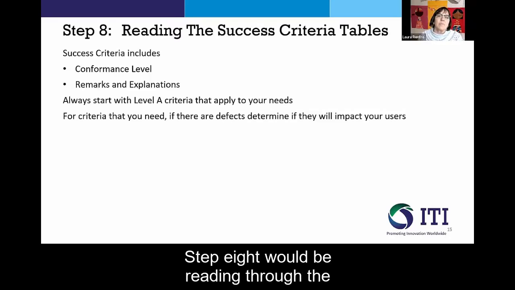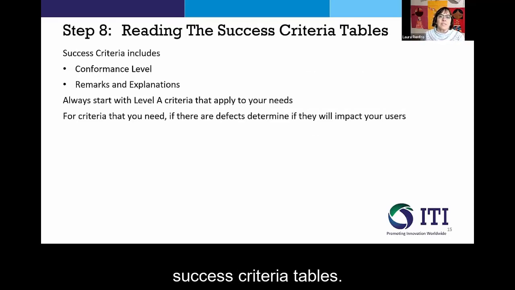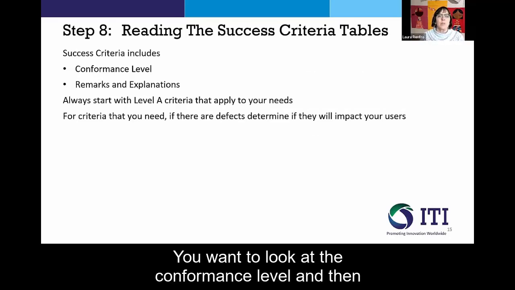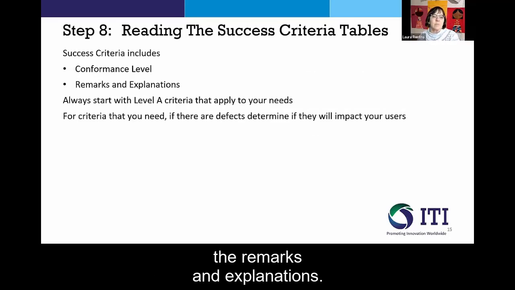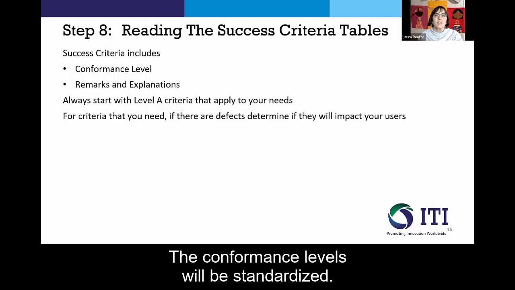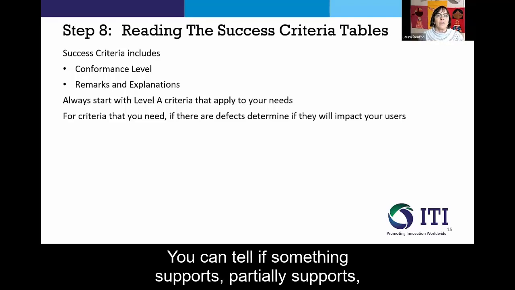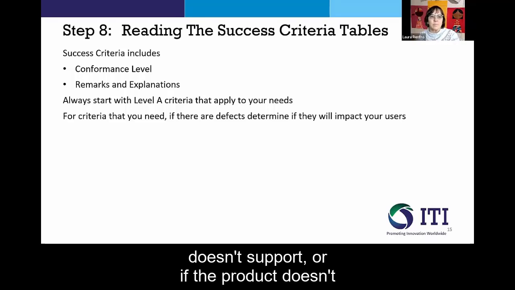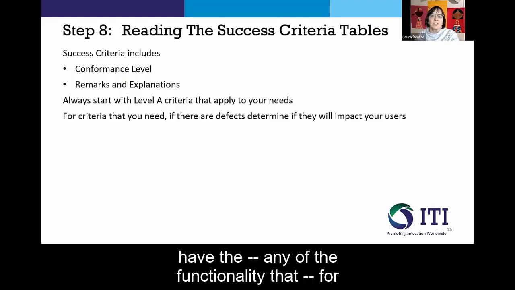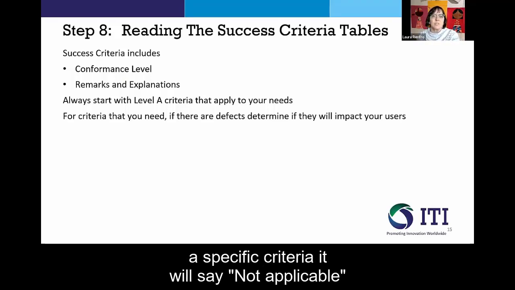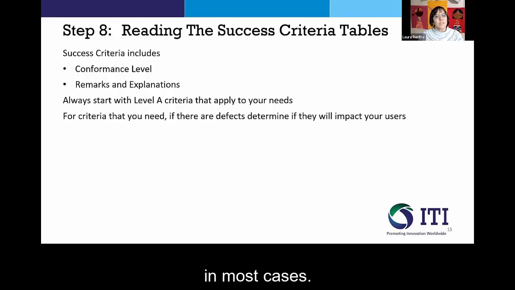Okay, step 8 would be reading through the success criteria tables. You want to look at the conformance level and then the remarks and explanations. The conformance levels will be standardized. You can tell if something supports, partially supports, doesn't support, or if the product doesn't have any of the functionality for a specific criteria, it'll say not applicable in most cases.